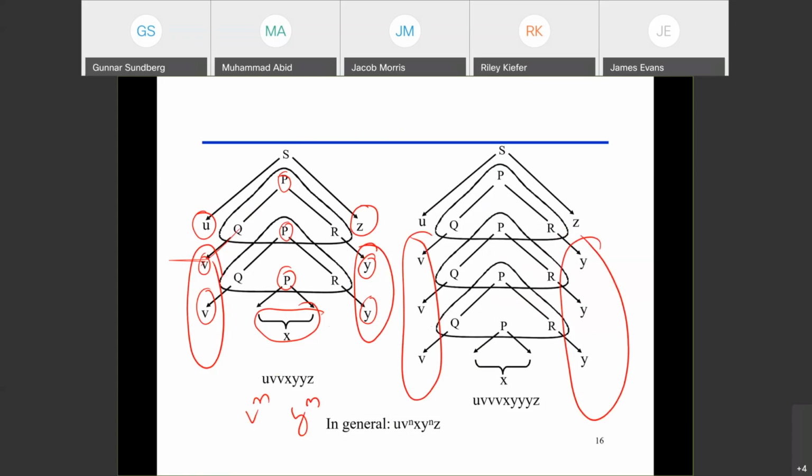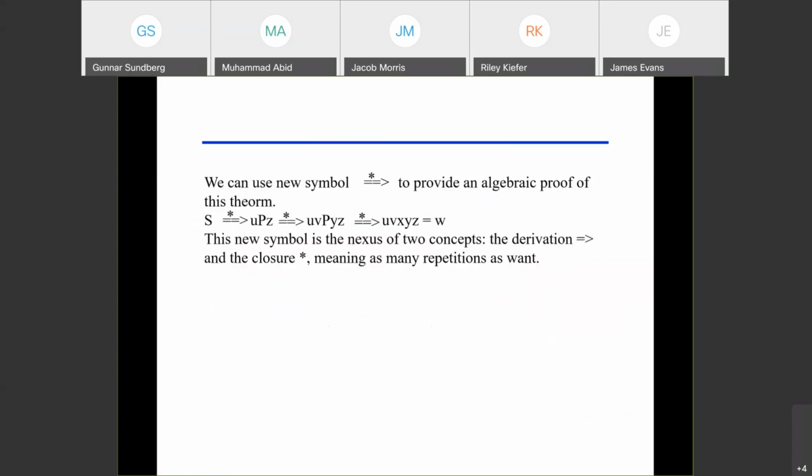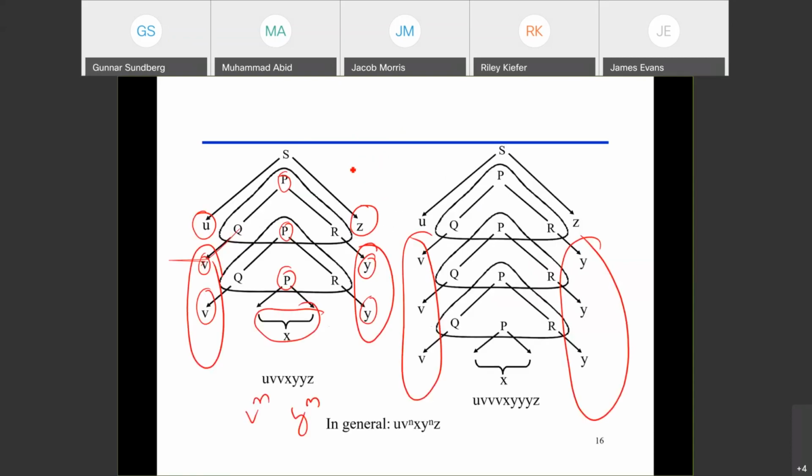Make sense? So now we can use the new symbol, you can derive, and also you can use them as many times, because if you see here, you are deriving a new word and you are using this production rule as many times as you want. So you are performing the closure property, which is infinite.